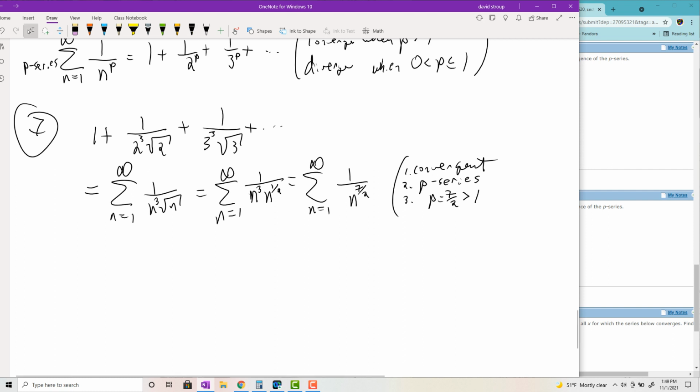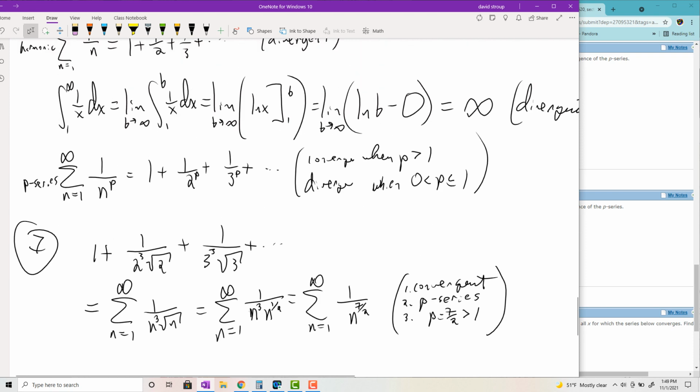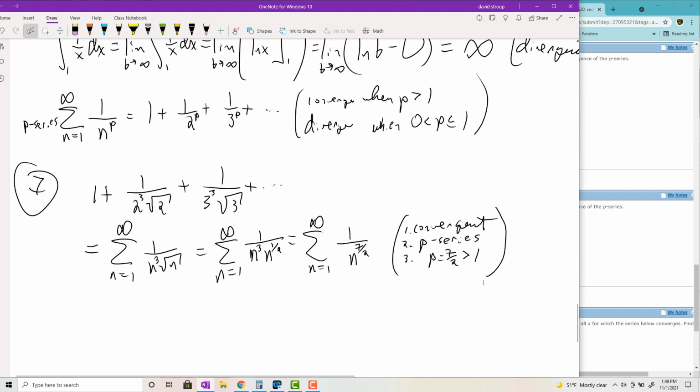You need to show me those three things on a test. You can't just flip a coin and say this one's convergent because the gods on Mount Olympus are telling me. No, you have to tell me whether it is convergent, the type of series, and then its criteria.